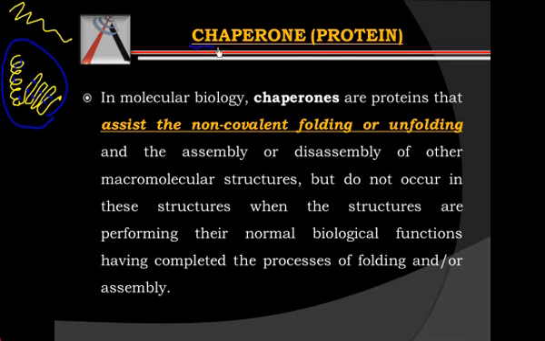In chaperones, they are proteins that help from outside in folding and unfolding. They do not themselves get incorporated in the protein to form part of the protein. They just act from outside. They themselves are some kind of proteins, and they just help from outside in folding and unfolding.